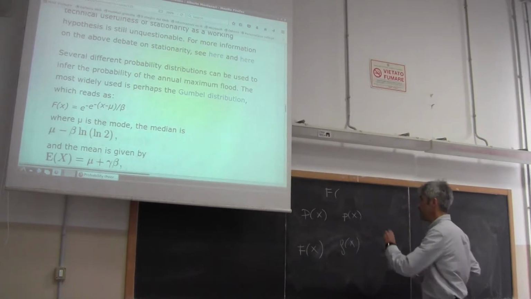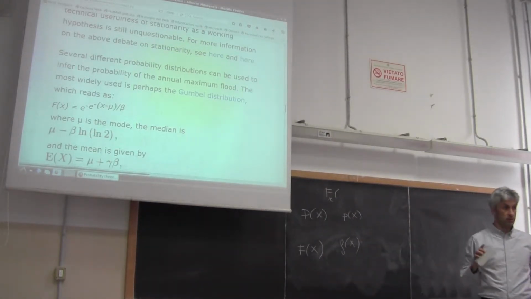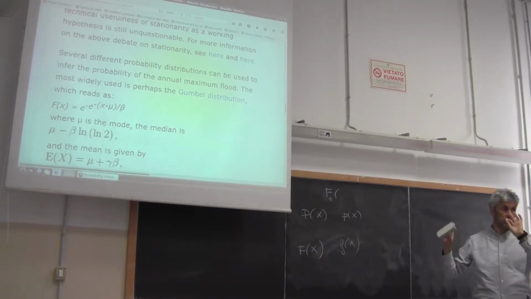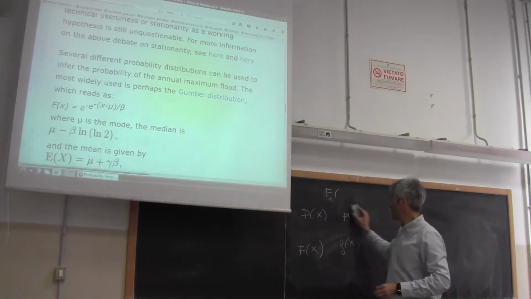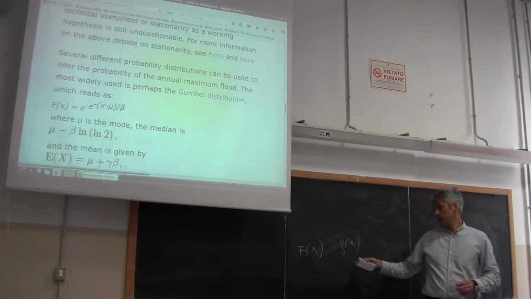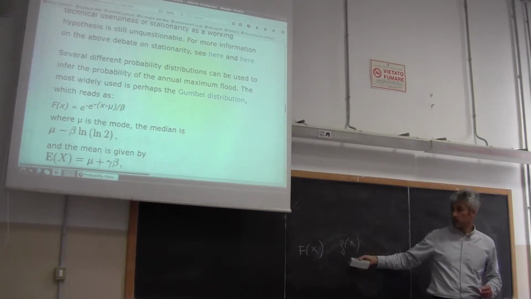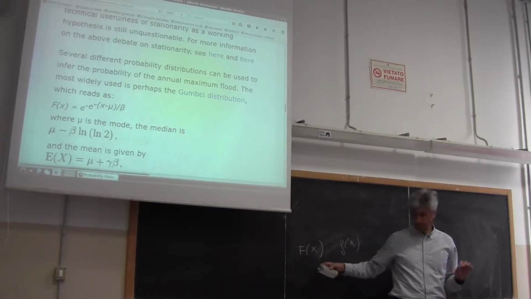And probably I will use FR for frequency. So just be patient on that. I noticed that, and I will change the symbol for frequency. Okay, so let's then use lowercase f for probability density and capital F for probability of not exceedance.